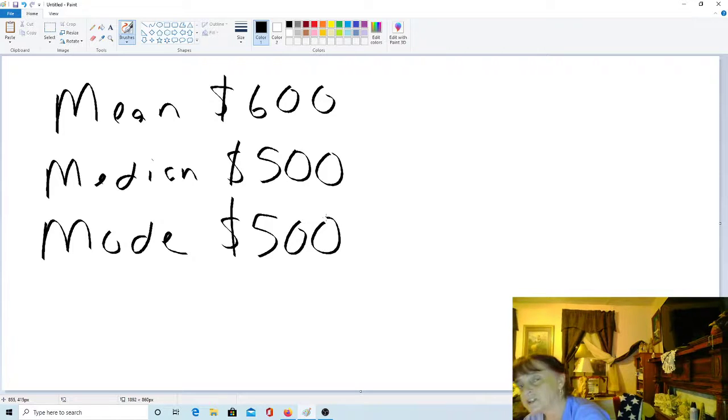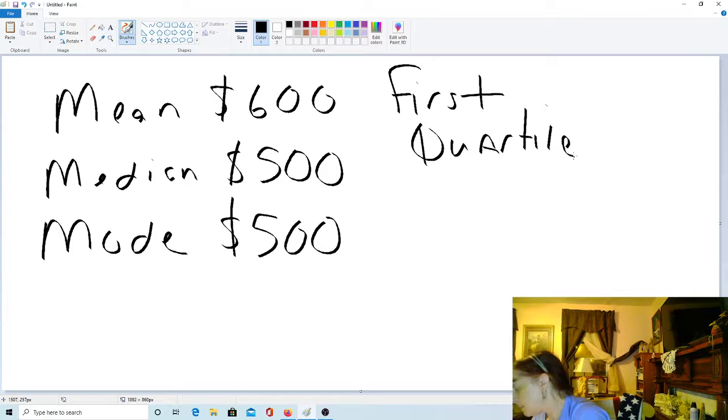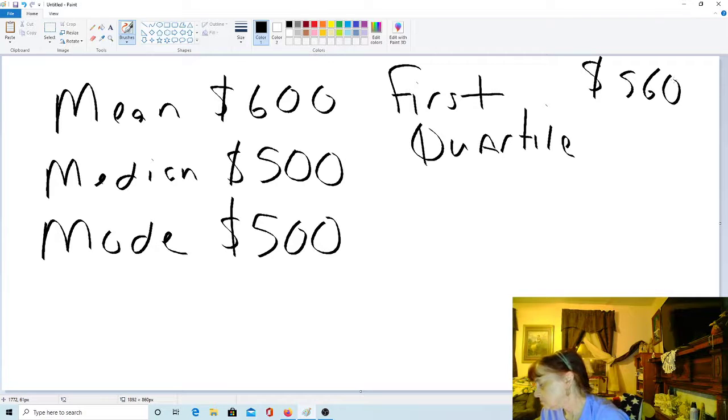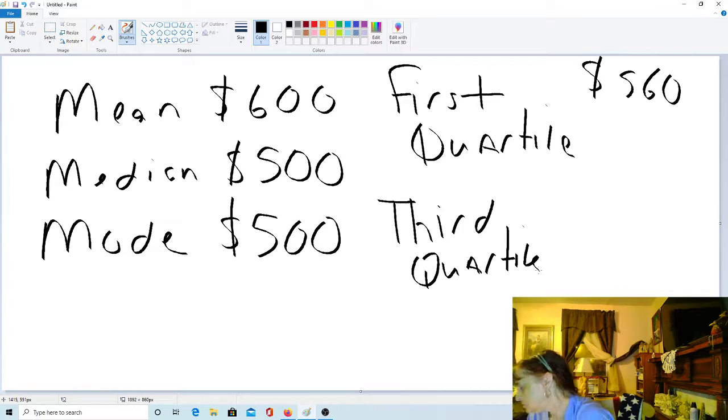And the first quartile is 560. Third quartile is 625.